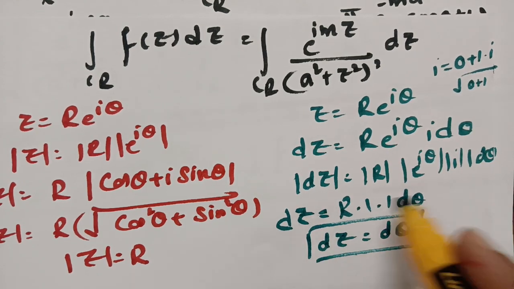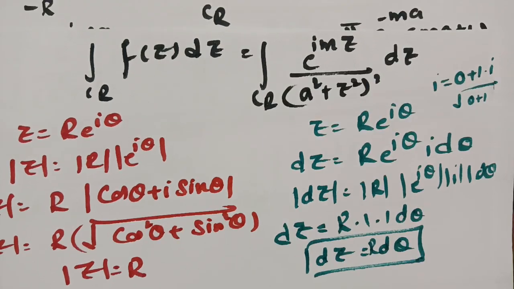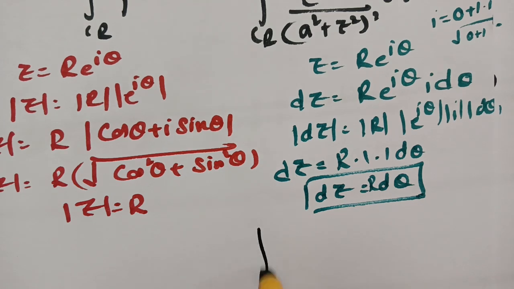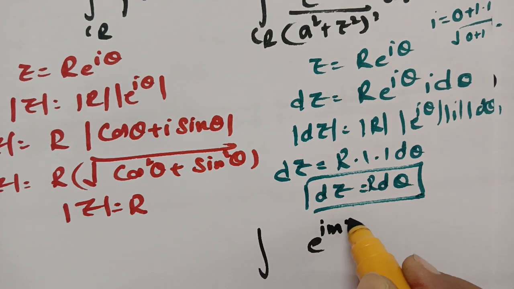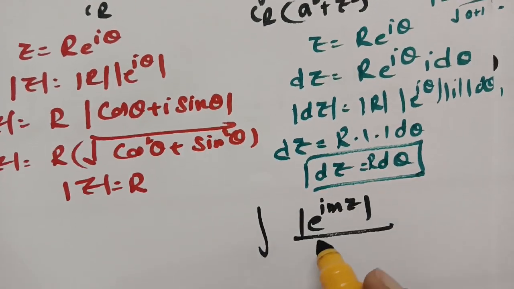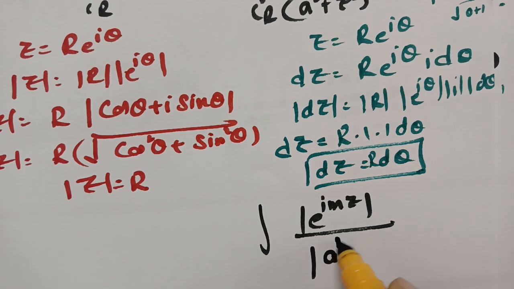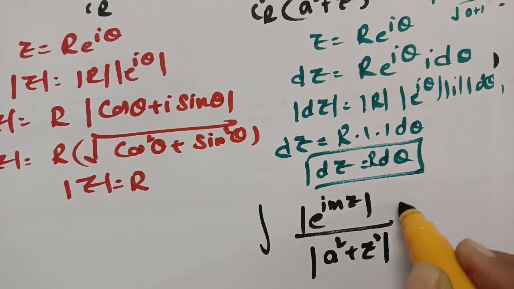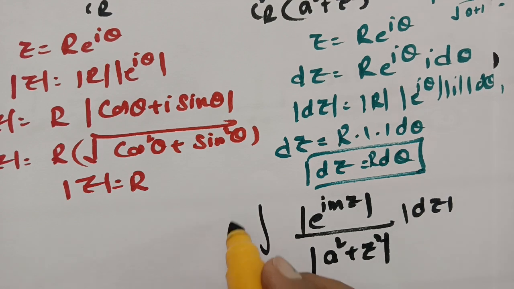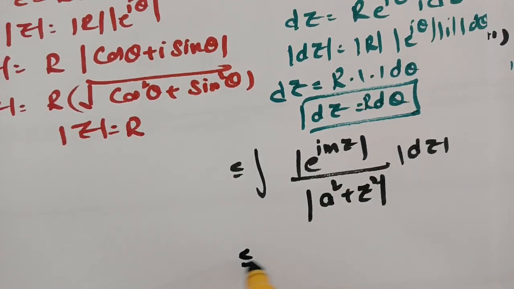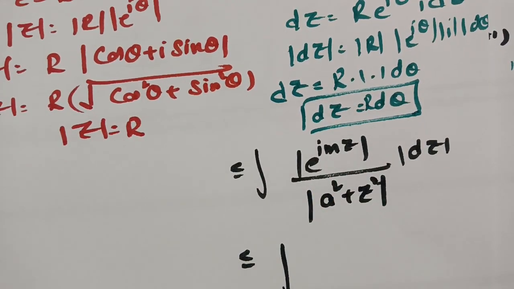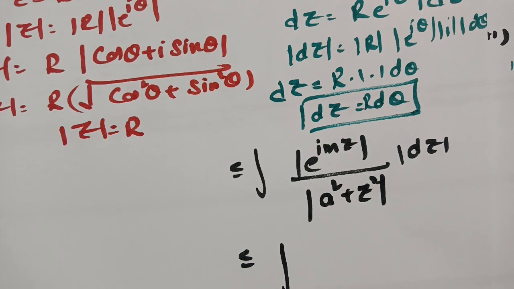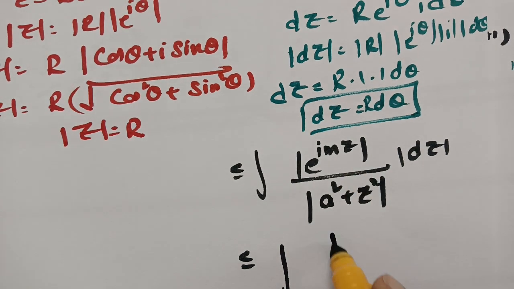After substituting everything here, this will be the modulus of e power iz by (a square plus z square) whole square into mod dz. So here cos mz plus i sin mz, the modulus is root over 1, so this value is 1.